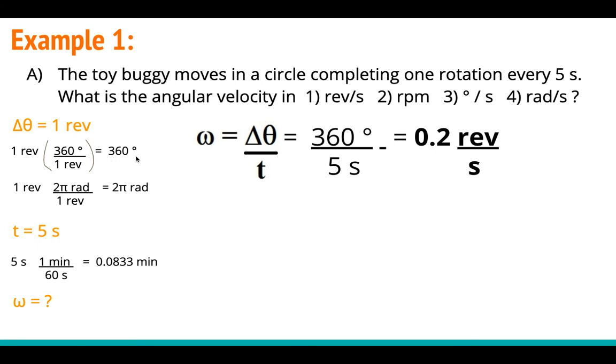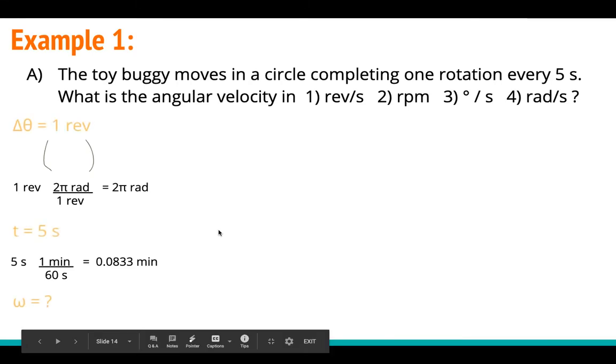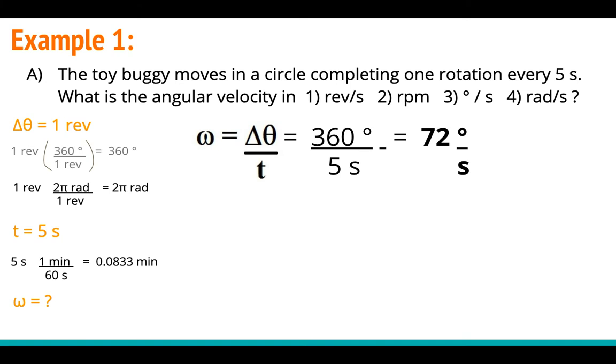We'll be left with 360 degrees. So we're going to take 360 degrees and divide by 5 seconds. We get 72 degrees per second. So the buggy rotates, or changes its angular position, by 72 degrees every second.